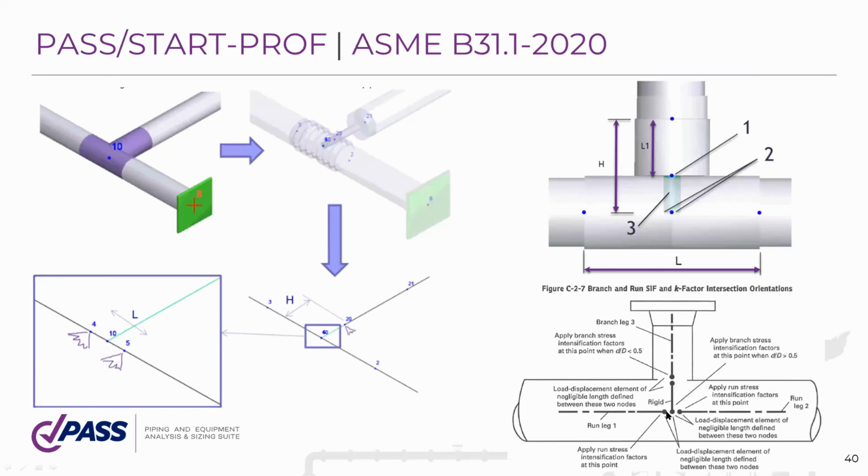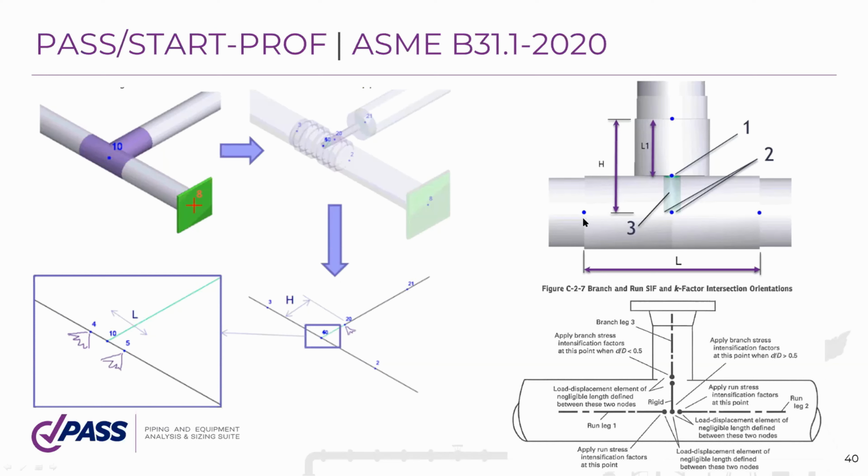It adds the flexibilities of the header. It adds the flexibility of the branch. According to the ASME B31J, it calculates the K factors and applies them here. And this is done automatically. You don't need to do this manually. You just draw your piping system and run analysis. You don't need to do anything to improve the results.